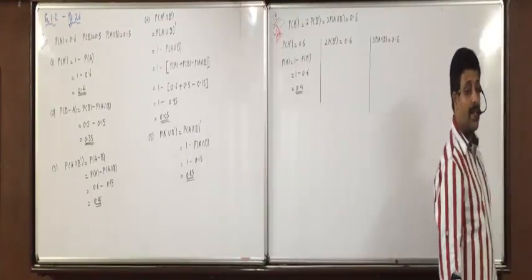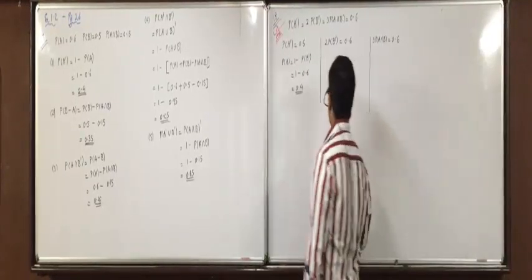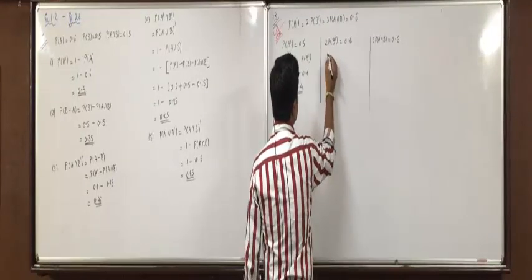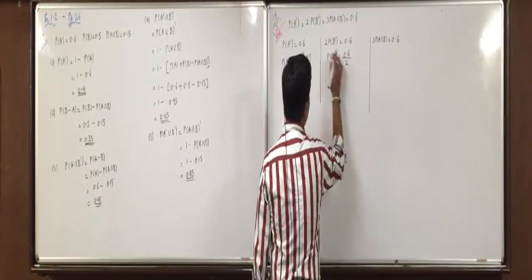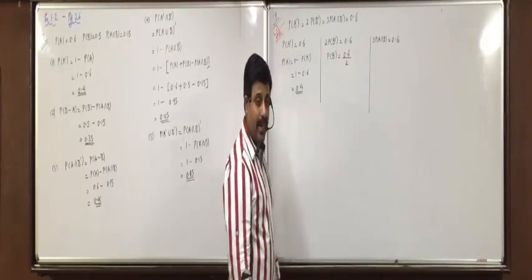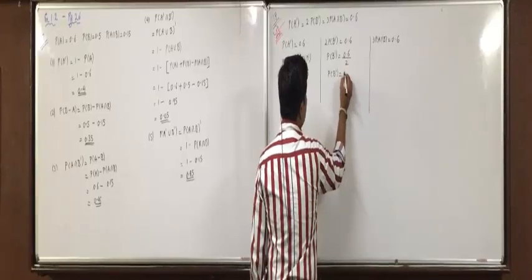Raise your hand who did not understand this. All are clear up till here? Now, if you bring 2 on the right side, then can I say P(B') equals 0.6 upon 2? 2 on the right side will get divided. So P(B') is equal to 0.3.